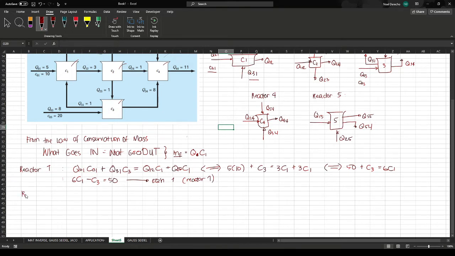How about for reactor 2? Looking back to the free body diagram, we have here going in Q12 from reactor 1, C1.